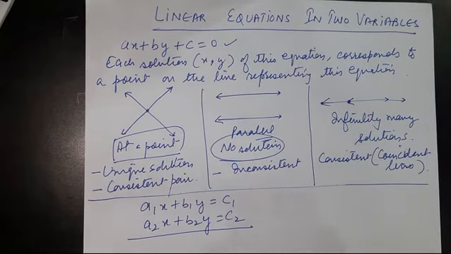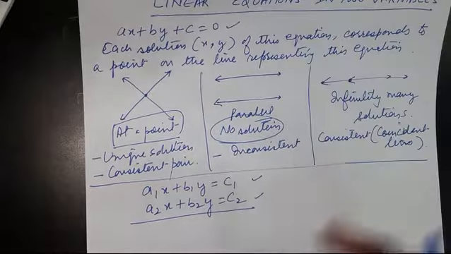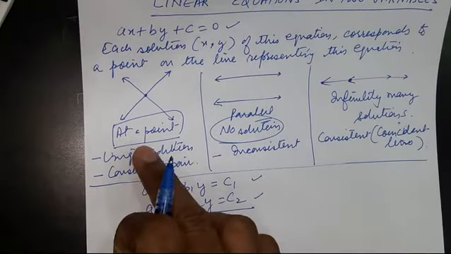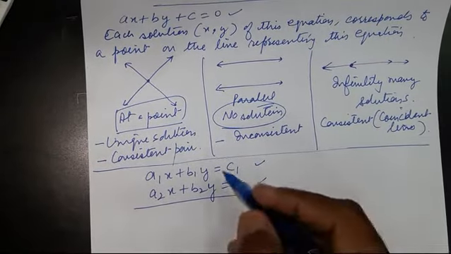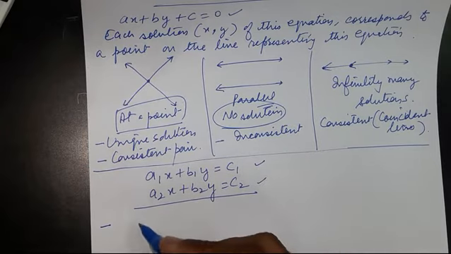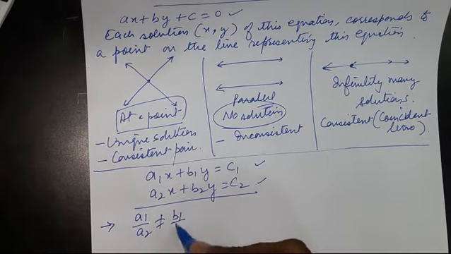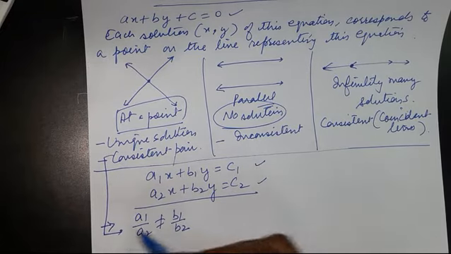So in these two equations, if the lines are intersecting lines, as the case was discussed above, then a1 upon a2 should be not equal to b1 upon b2. This is for intersecting lines.